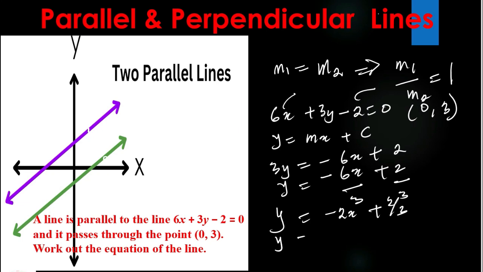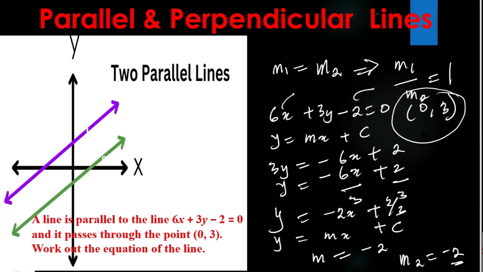When compared to y equals mx plus c, obviously my m in this case is minus 2. Now, since the lines are parallel, if m for this line is minus 2 and it's parallel to the line we're looking for, that means my m2, for the line we're looking for, will also be minus 2. And it passes through this point.